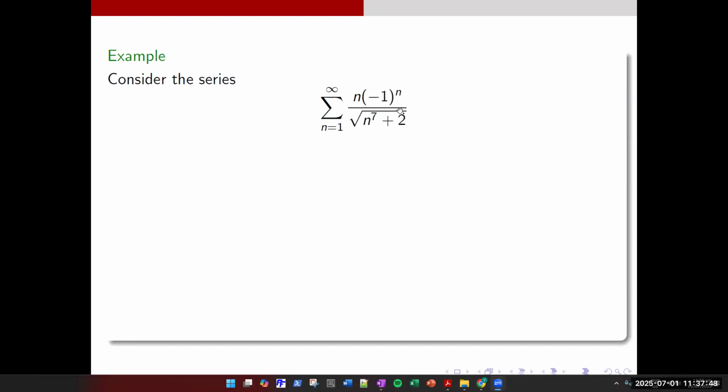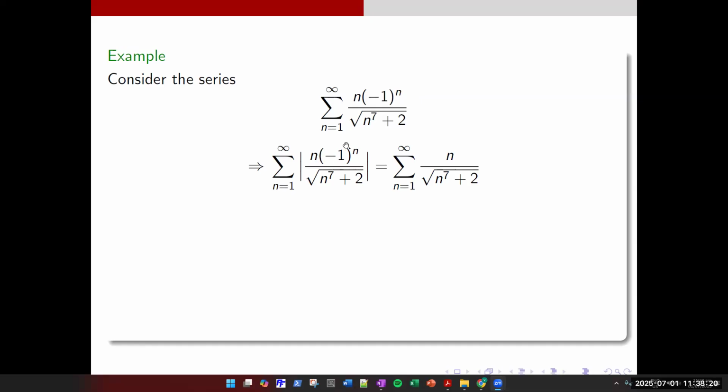Okay, I cannot apply the comparison test here because every other term will be negative, right? And remember, the comparison test only works with non-negative numbers. However, I could take the absolute value of this series. So let me consider a new series where I take the absolute value of the old series. The absolute value distributes over the numerator and denominator.